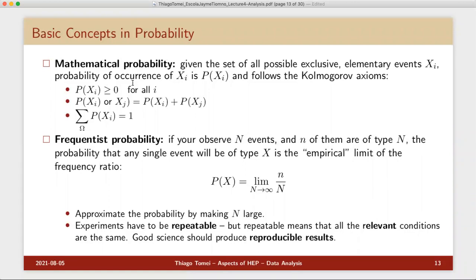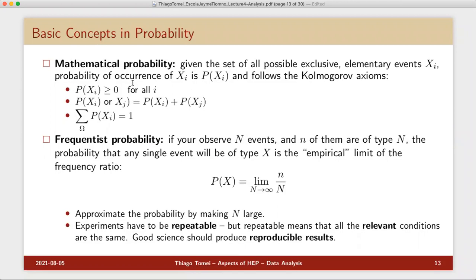So the bottom line is, you have to understand your background. First, you have to devise cuts that separate signal from background. And then you have to find a way to estimate the background after you have applied all the cuts.